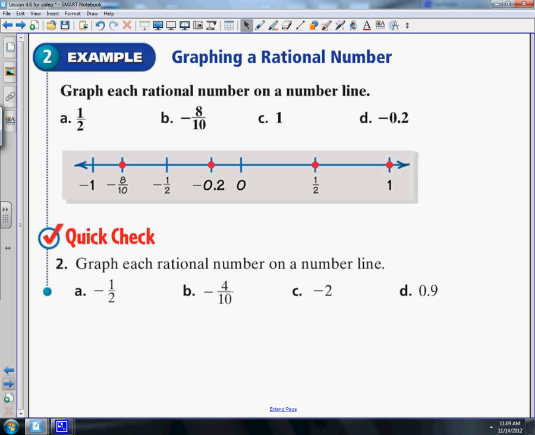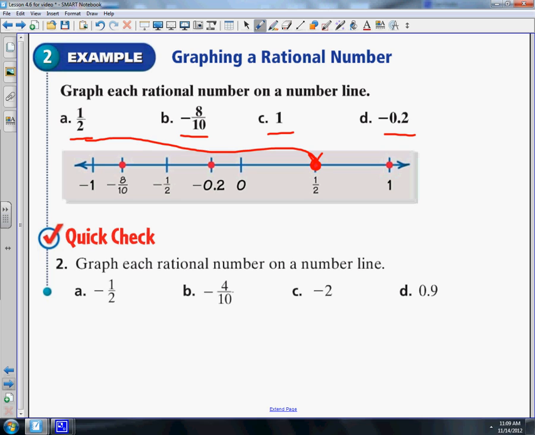All right, so example 2 is graphing a rational number on a number line. So here's what they'll tell you. They'll say graph each rational number on a number line, and you notice you have A, B, C, and D. So A, if I graph 1/2, it looks just like this. I draw my number line and I make a dot right on the number line at 1/2. Label it 1/2.